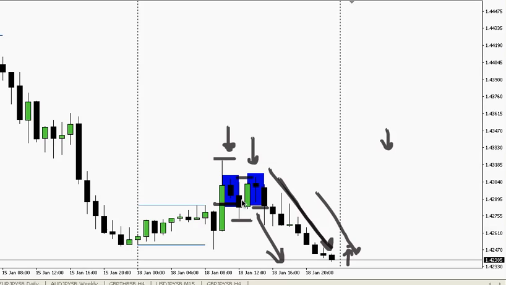There'll be swings and roundabouts with that, and your time would be much better spent picking the one that you feel most comfortable trading and the one you have the most belief in.